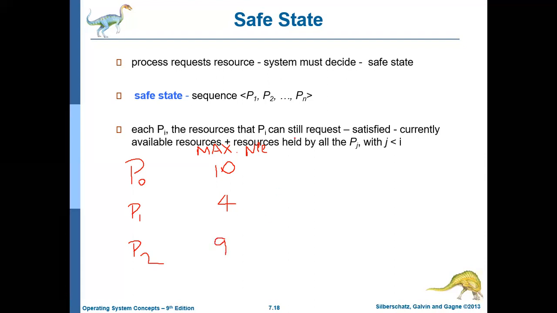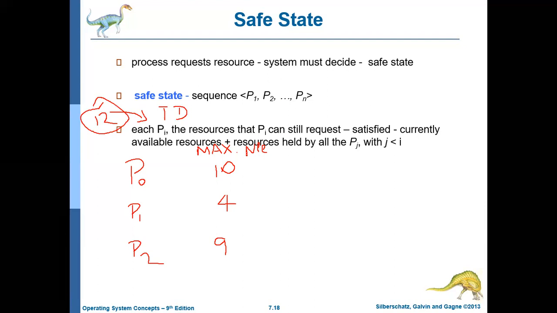Let us assume the system contains 12 tape drives. So P0 can request a maximum of 10 tape drives, P1 a maximum of 4, and P2 a maximum of 9.